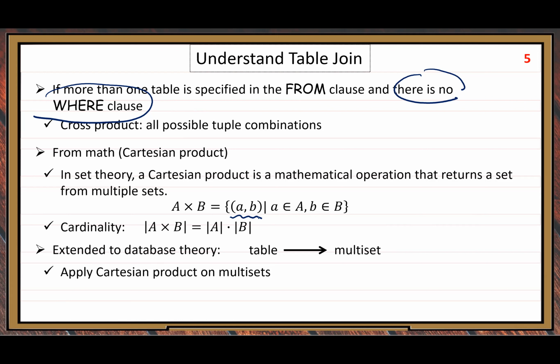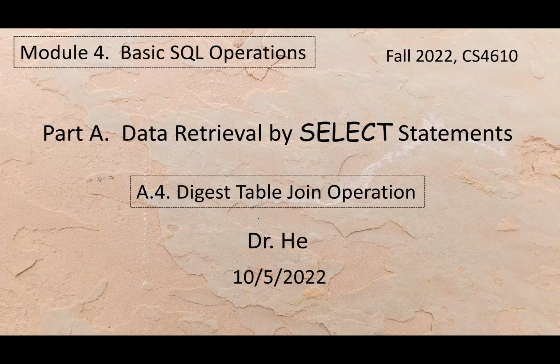So we apply the Cartesian product on multi-sets, with all the possible duplicated tuples. That is the first part of understanding. We will gain much more understanding.